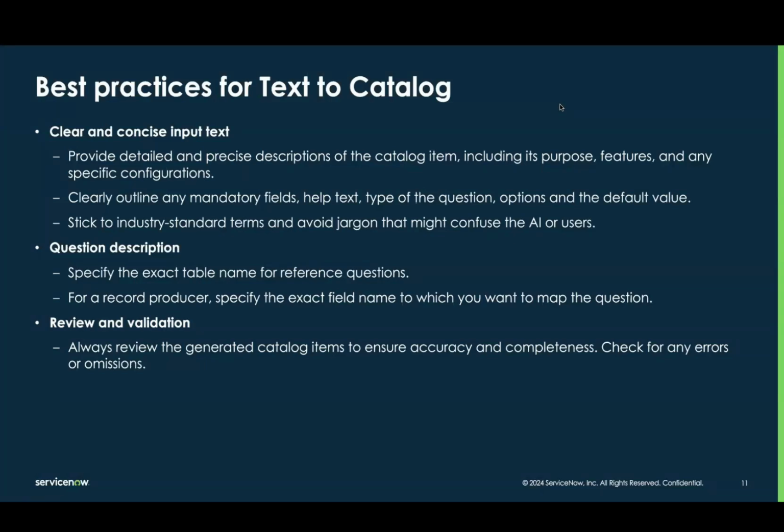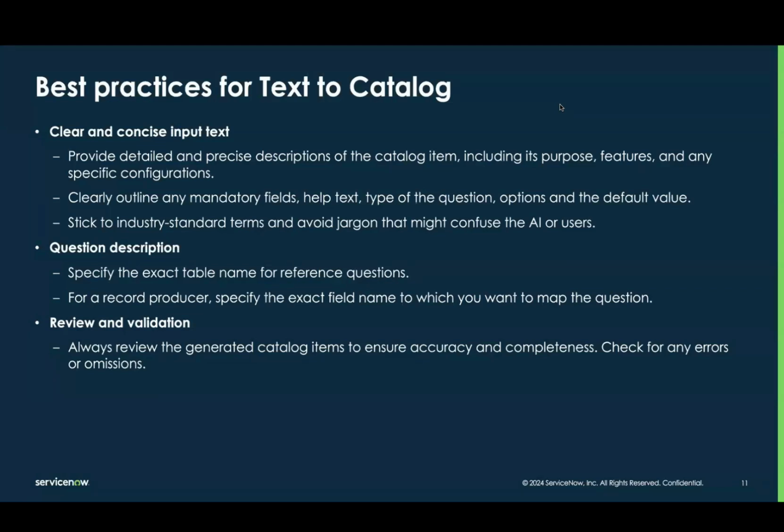Okay. Another person asked, we were able to get the Assist plugins installed, but they don't see create catalog item available. Is this something we need to request separately? No, once you install the Now Assist for Creator plugin, and by the way, you need a Washington instance, you need to update your Now Assist for Creator plugin, and then you should be able to see catalog item generation as a skill under the Creator section, right, Kartik?